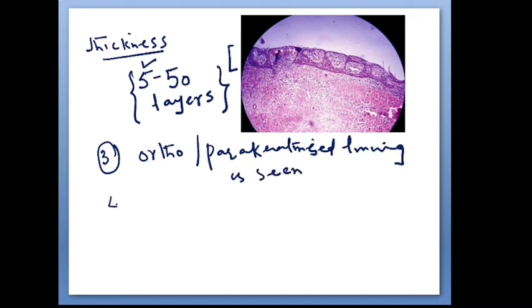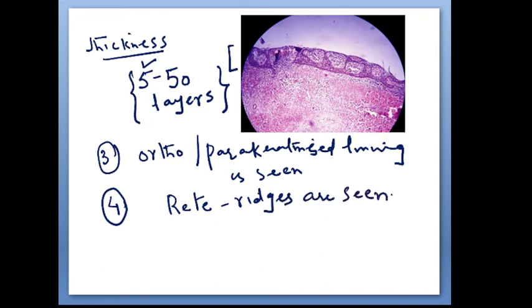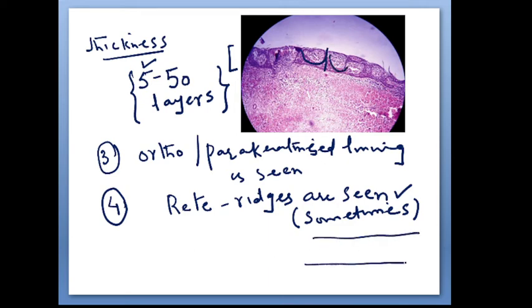Number four, sometimes typical rete ridges are seen, which are not characteristic, but they are usually seen. So, this is the epithelium, and in this epithelium we are sometimes seeing unusual proliferation of cells. The cells are proliferated more in some areas.